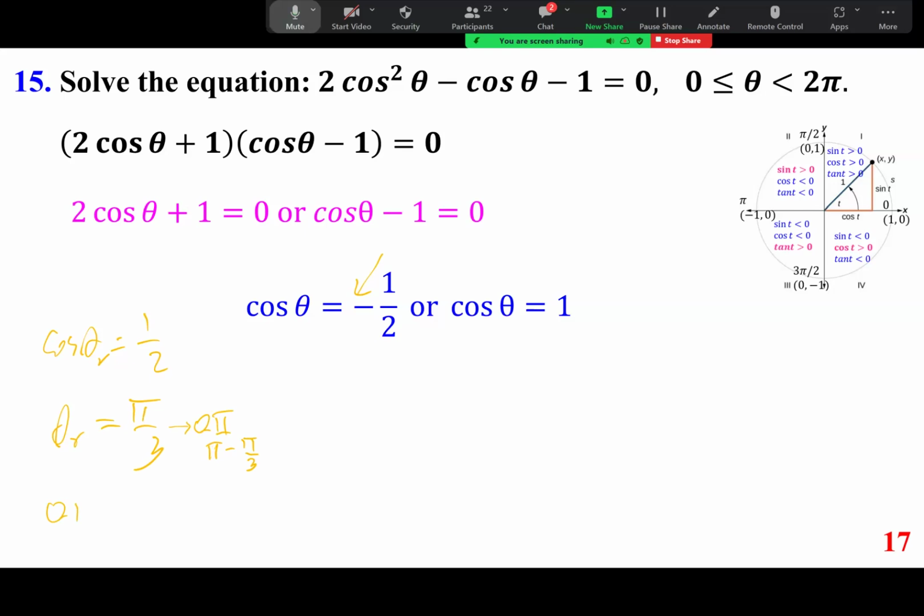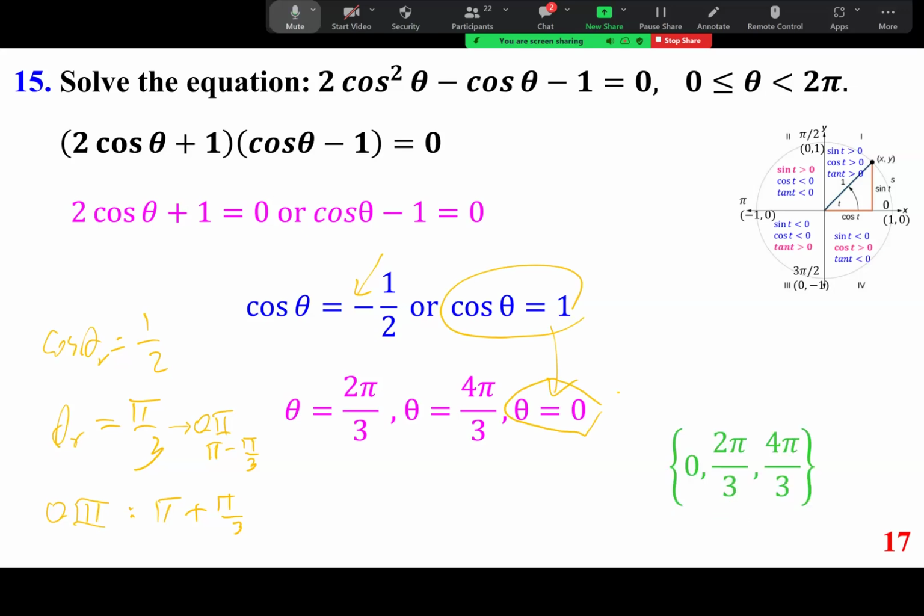And in the third quadrant, pi plus pi over 3. And of course, cosine theta equals 1, theta is 0. Very straightforward, everybody. So those are the answers.